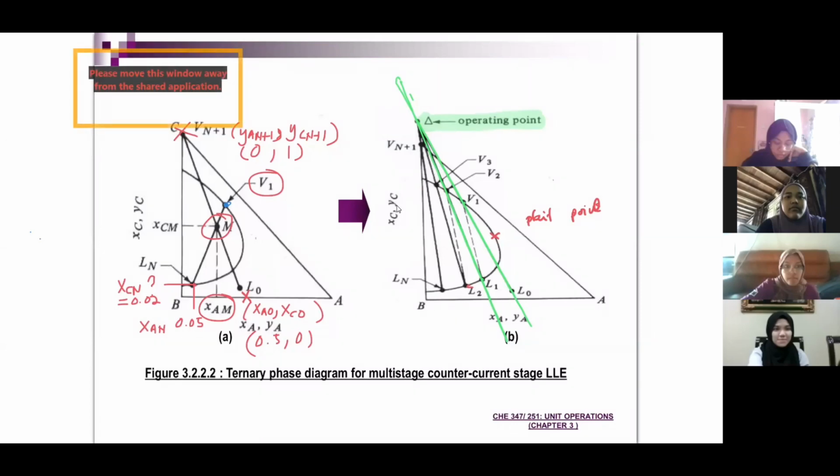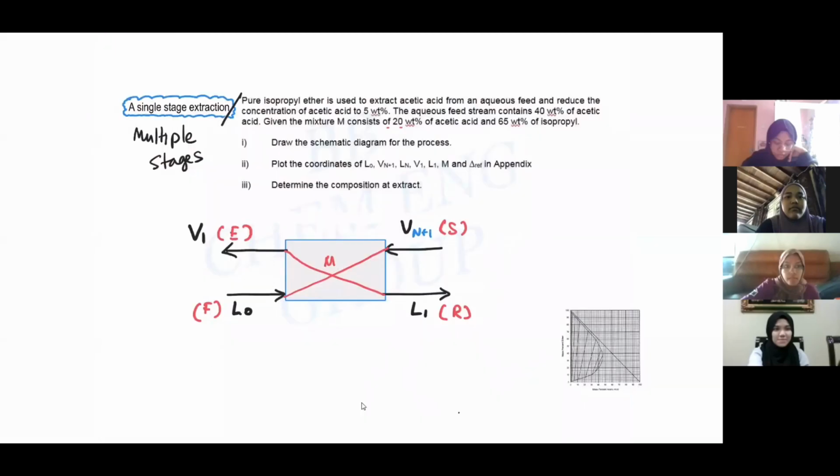If this is your raffinate layer, the other side should be your extract layer.